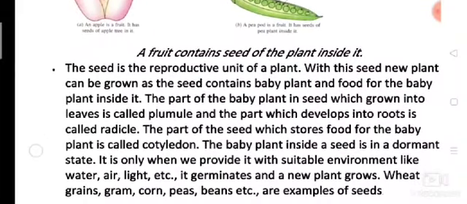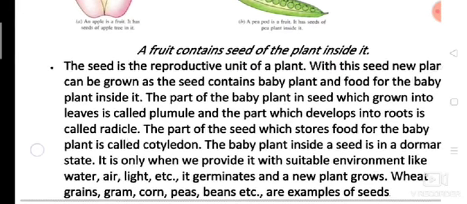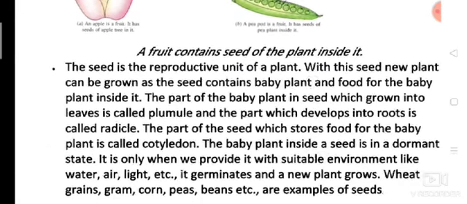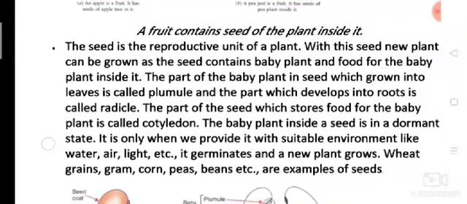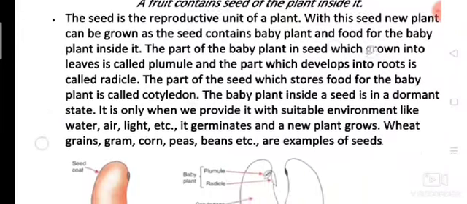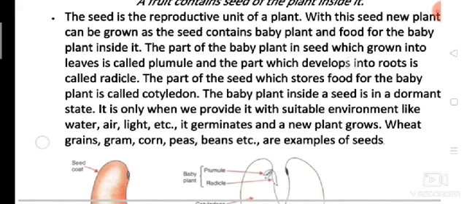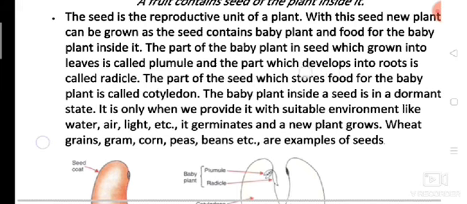The seed is the reproductive unit of the plant. With the seed, a new plant can be grown, as a seed contains a baby plant and food for the baby plant inside it. The part of the baby plant in the seed which grows into the leaves is called the plumule, and the part which develops into the root is called the radicle. The part of the seed which stores food for the baby plant is called the cotyledon.